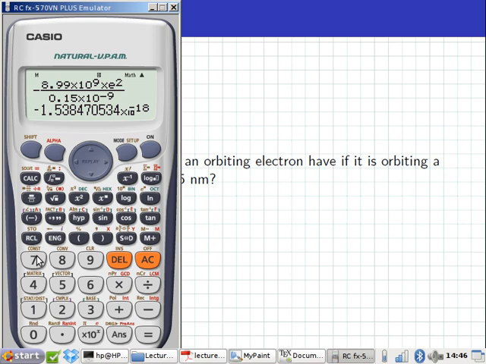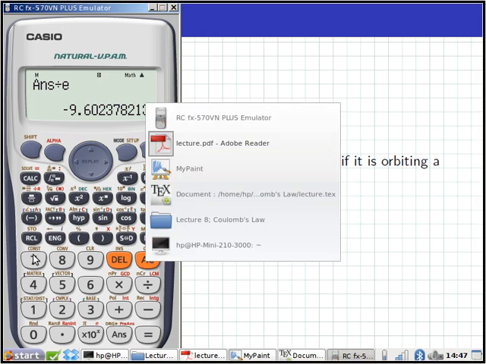It's not even volts, it is joule, but it doesn't matter. Electron volt is just a small energy unit. So how do I convert this into electron volt? Divided by the electron charge. I wonder if that will make it less small. It will make it less small. Yeah, that's much nicer. You can say the energy is minus 9.6 electron volts. But do we need a minus? Yes, we do, because it's trapped.